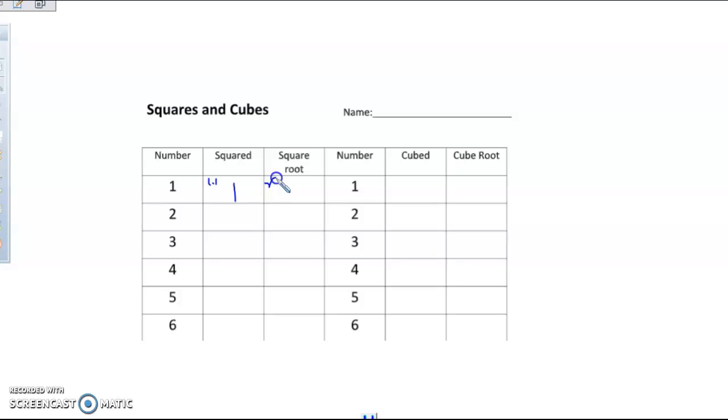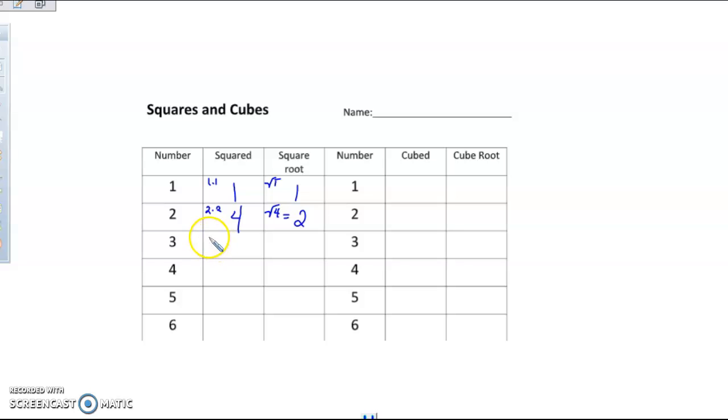If I square root 1, well, 1 times itself gave me 1, so the square root's also going to be 1. 2 squared is 2 times 2, and 2 times 2 is 4. And the square root of 4 is 2.